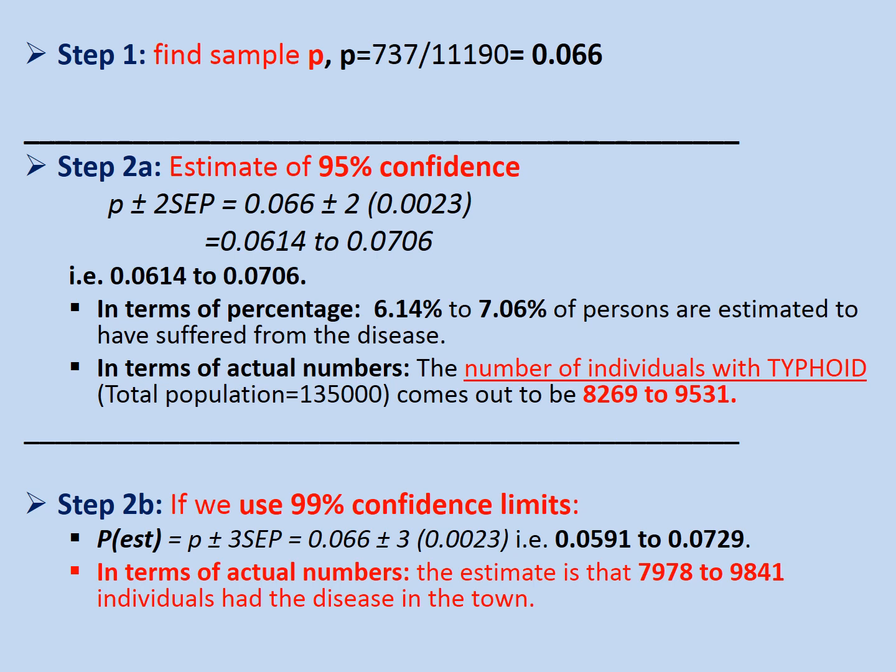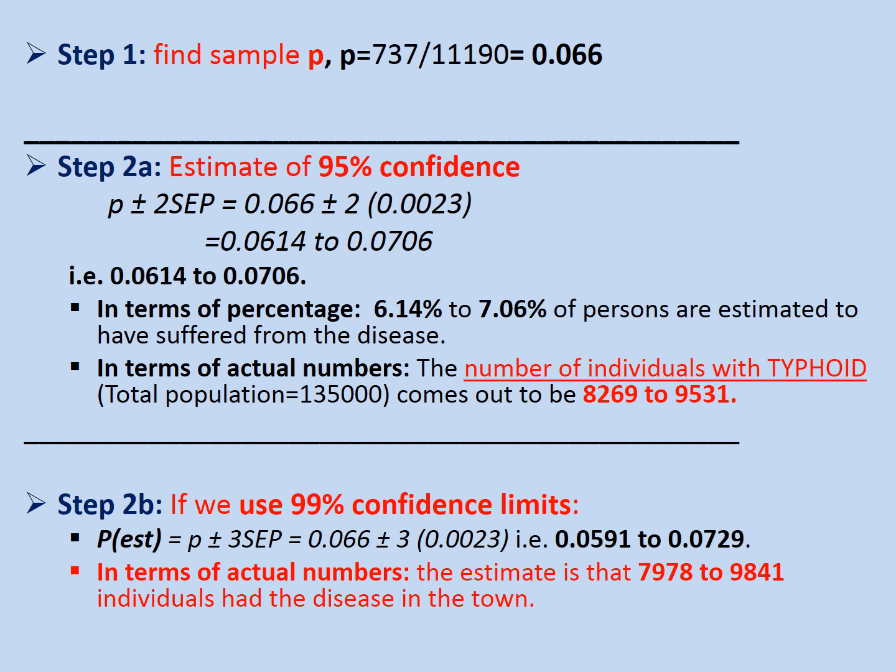The attribute here is persons with typhoid. In our sample, 737 persons are affected with typhoid. So 737 divided by the total sample size, 11,190. If we divide it, the small p, or sample p, is equal to 0.066.